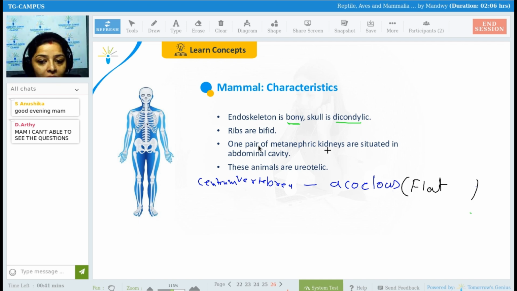Hence it is metanephric. Kidney is located in the abdominal cavity. They excrete the nitrogenous waste in the form of urea, and hence they are called ureotelic animals.